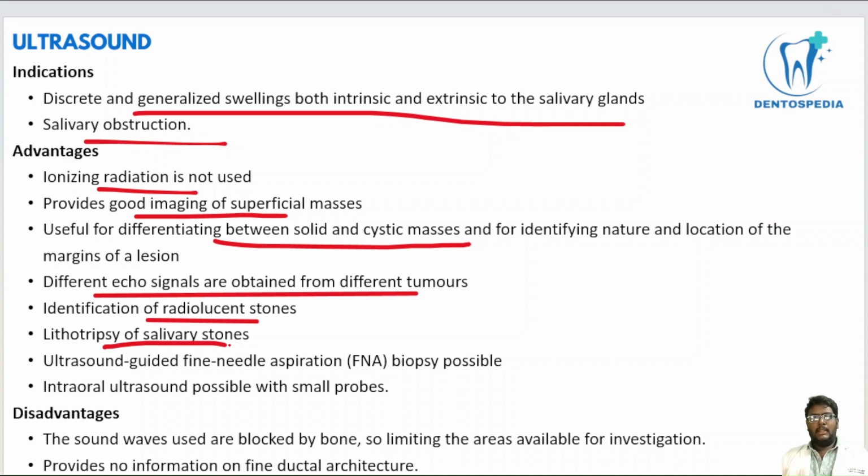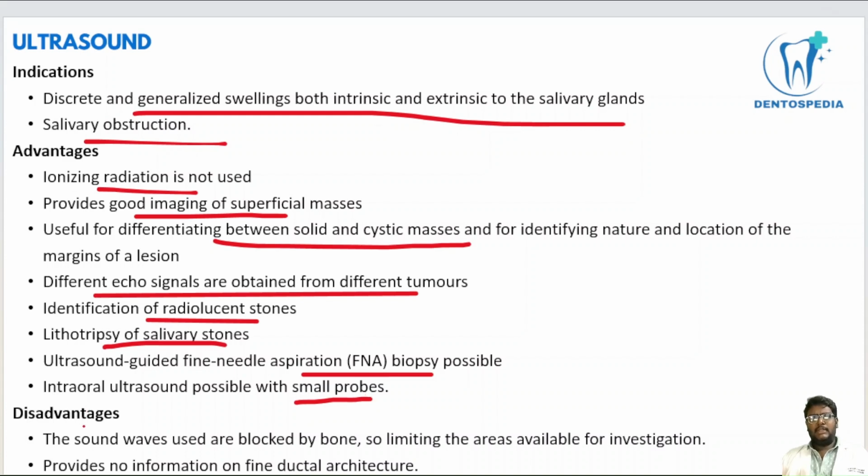When we have to do that kind of procedure, we need guidance, so we use ultrasound guidance for lithotripsy. The same kind of technology is used for renal stones. We can also use ultrasound for needle biopsy, and small probes to assess the internal structures.